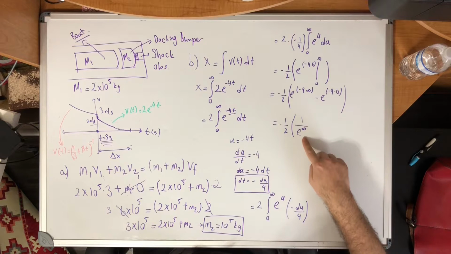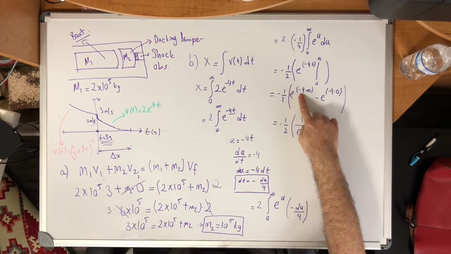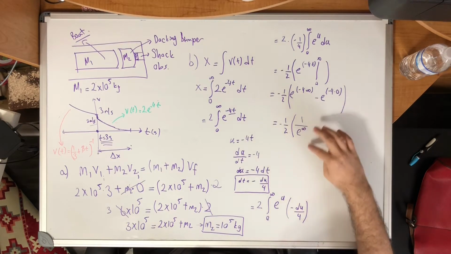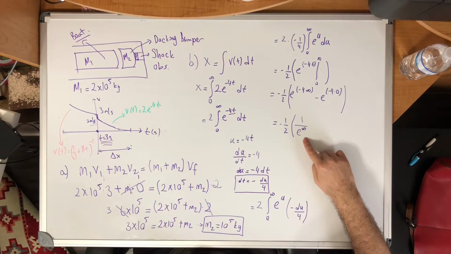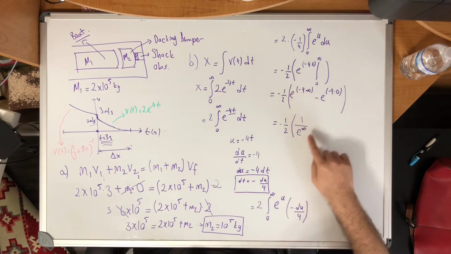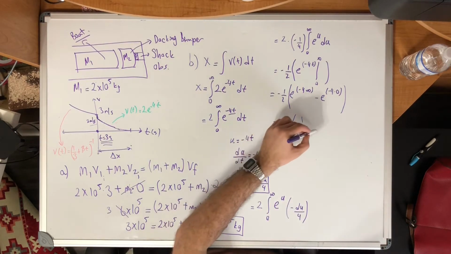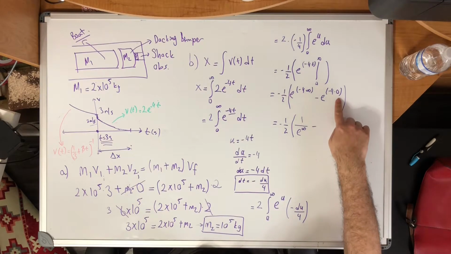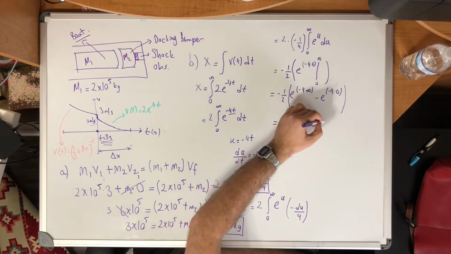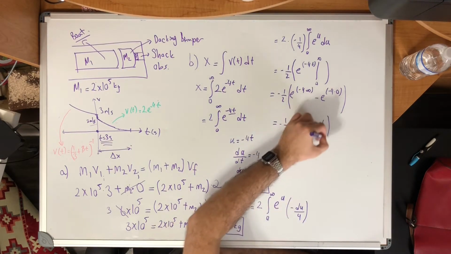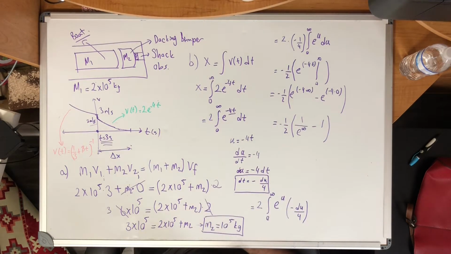So it's going downstairs because it's a negative power, and remember, a negative power is basically going in the denominator. So 1 over e to the power infinity, because any number times infinity will give you infinity again, minus e to the power 0, because 0 times any power is 0, and e to the power 0 is going to be 1. So this is basically our equation.